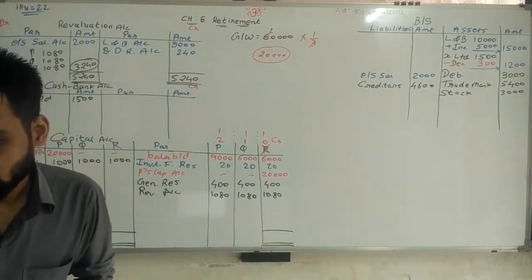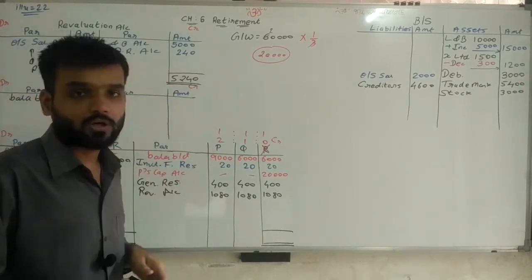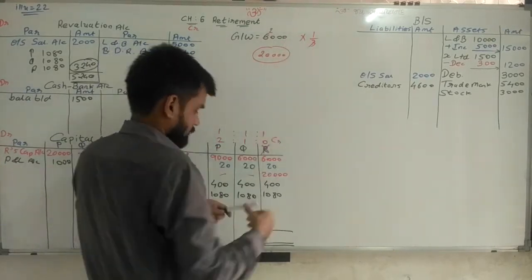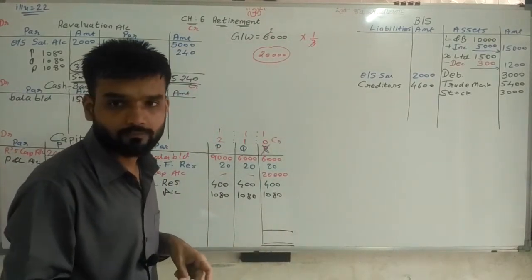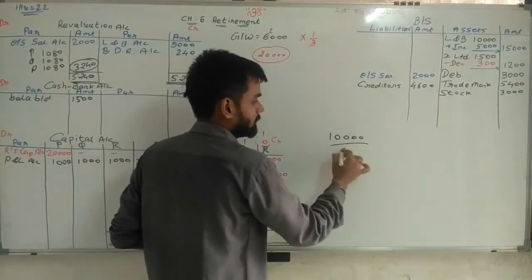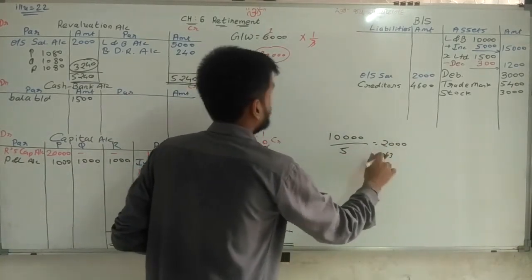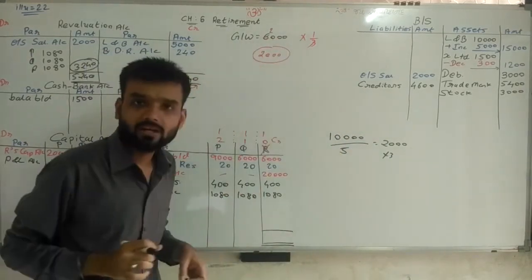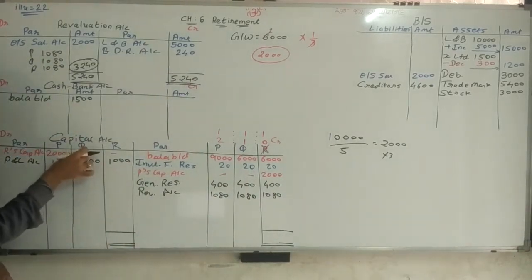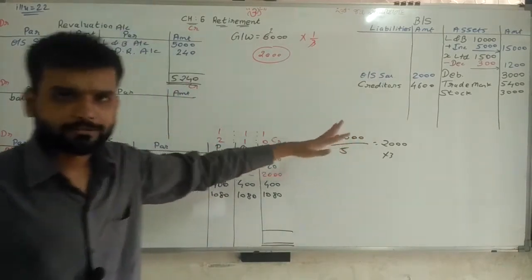The goodwill amount is 20,000 rupees in total, and here 2,000 is the value. So first of all we have to consider that 6,000 rupees is my goodwill amount: 10,000 total divided by 5 is 2,000 rupees, average profit into 3, 6,000 rupees is goodwill. So here 2,000 rupees is my goodwill amount, and I have to write 2,000 here, and here also 2,000. That was done already.